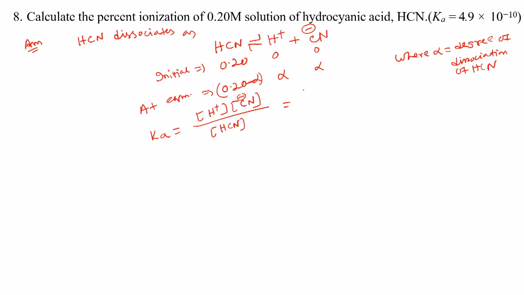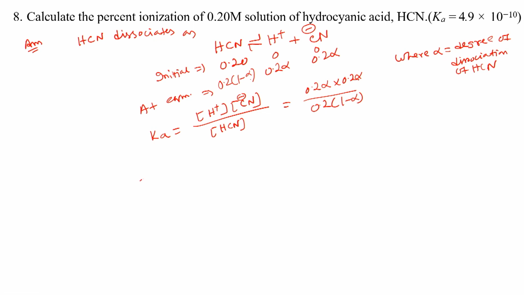So, at equilibrium the values are, sorry, this is not correct, this is 0.2 times 1 minus alpha. So, here you get 0.2 alpha, this is also 0.2 alpha. So you get 0.2 alpha times 0.2 alpha by 0.2 times 1 minus alpha.